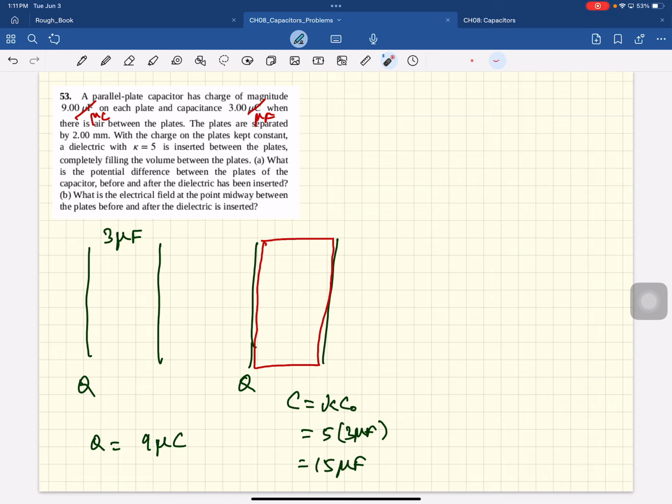Now what is the potential difference between the plates before and after the dielectric? So V is Q over C. So V naught with air filled, Q is 9 microcoulomb and C is 3 microfarads. The micro cancel, this is volts, so this is 3 volts.